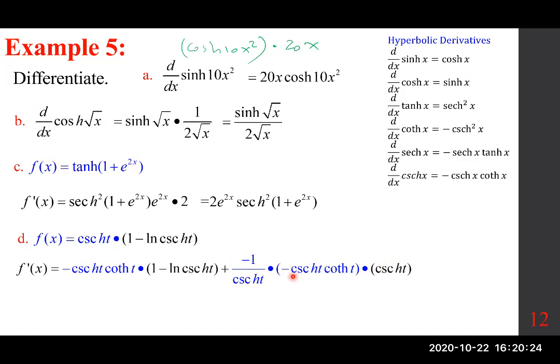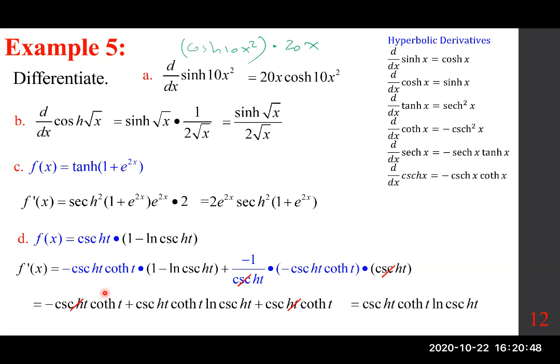So take a look at what happens. These two cancel each other. Now if you look at the first one and the last one, they are just opposite. This is negative, this is positive. They cancel each other. So only the middle term is left. And this is the final answer.